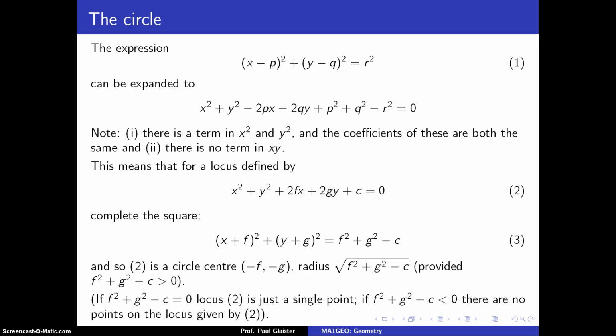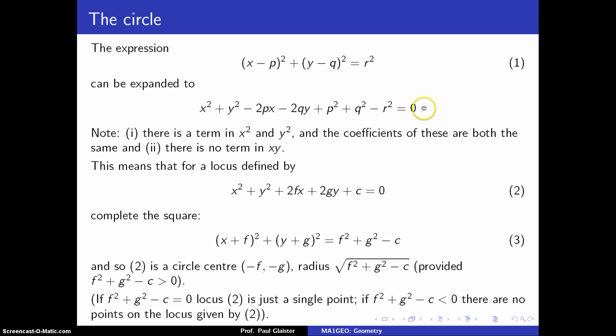So how do we get to a general form for a circle? Well, if we take the equation of the circle that we've just seen, for which we know the centre p, q and the radius r, if we expand that out, we get this general quadratic expression.